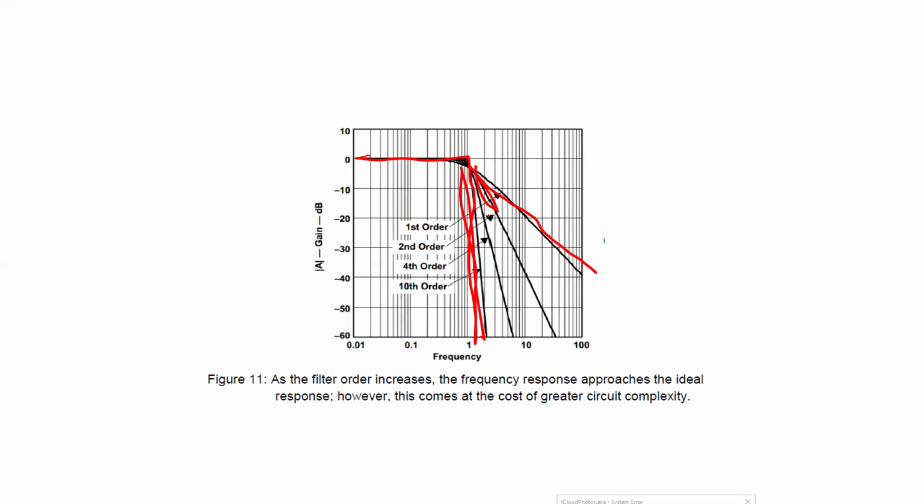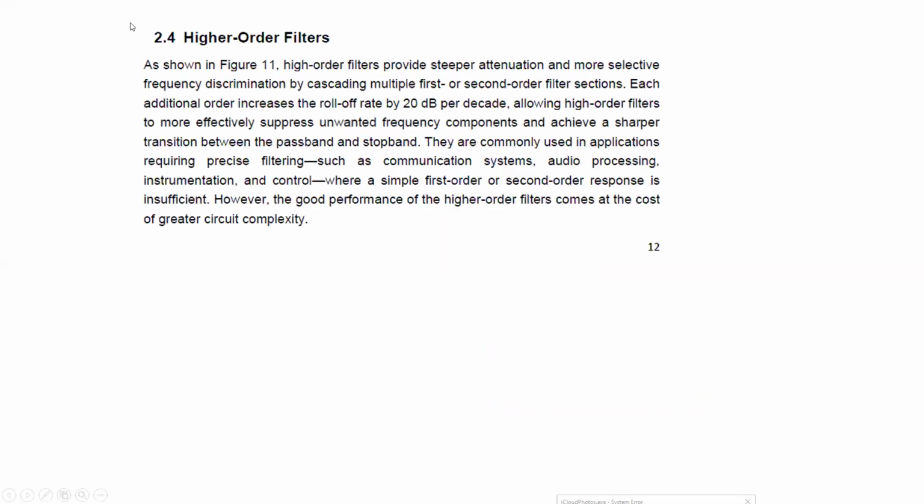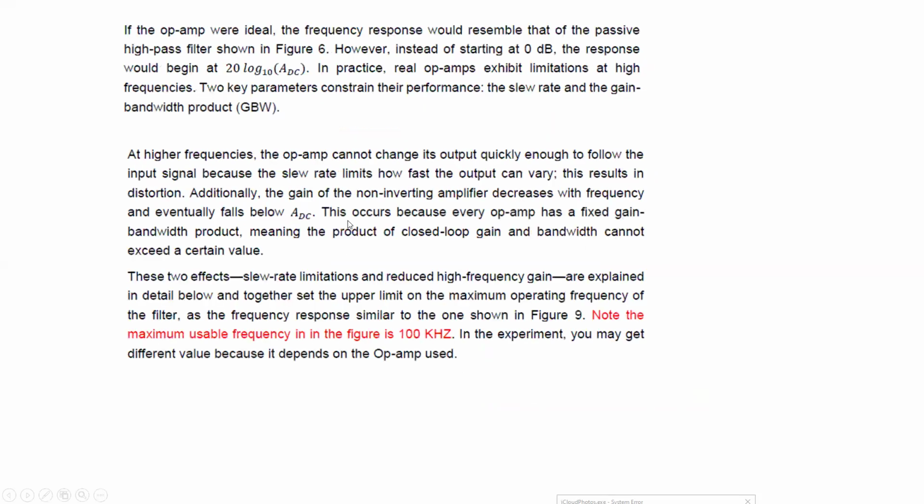If you make a more complicated circuit, it has to come this way. So the more you complicate it, the closer you get to the ideal behavior. That's what we call a higher order filter. This is just for your knowledge. This is an introductory course. We're gonna only focus on first order. Okay, very simple.